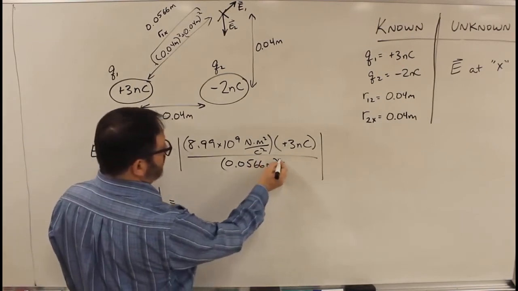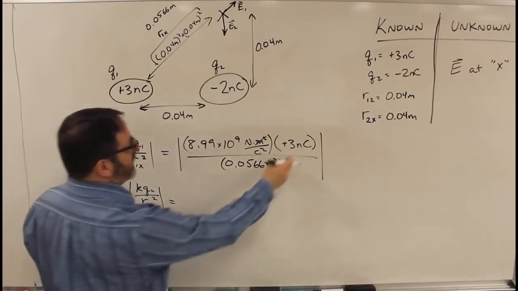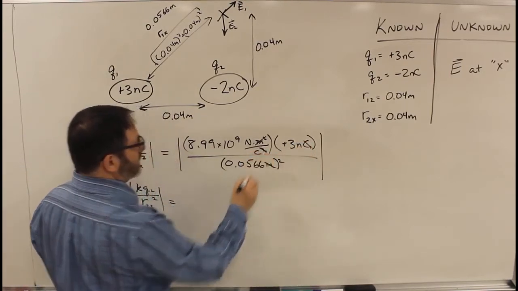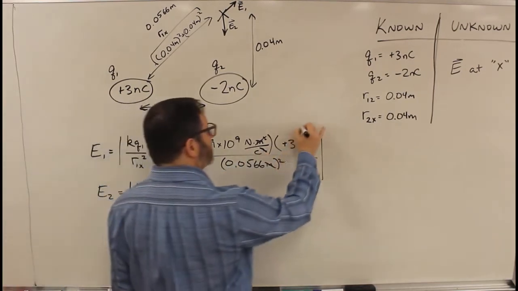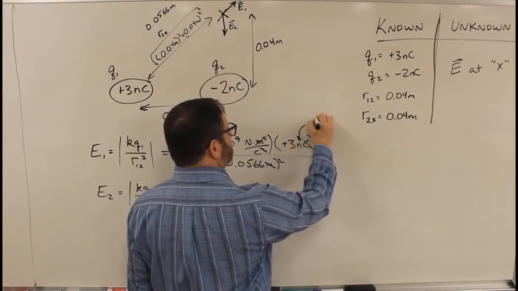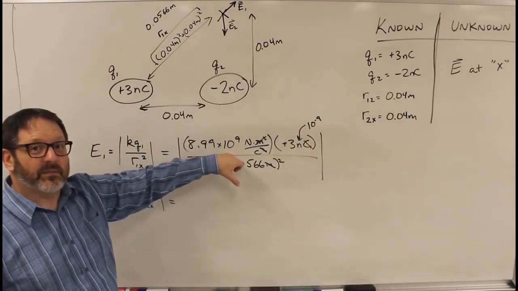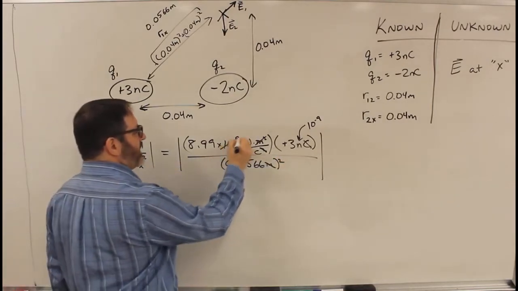How about our units? We have meters squared on the bottom. That cancels a meter squared on the top. I've got a coulomb here and a coulomb squared there. So one of the coulombs goes away. Nano is 10 to the minus 9. 10 to the minus 9 cancels this 10 to the plus 9. That's why we like to use nanocoulombs. Make the math easier.